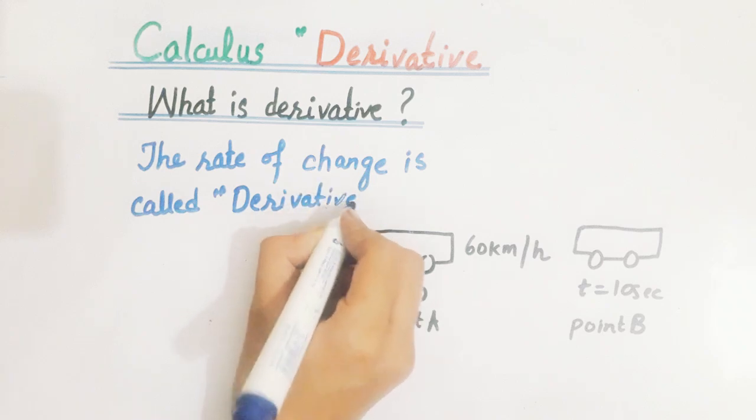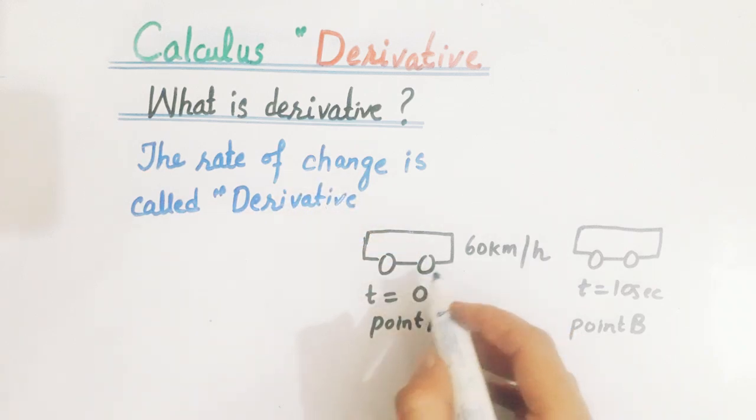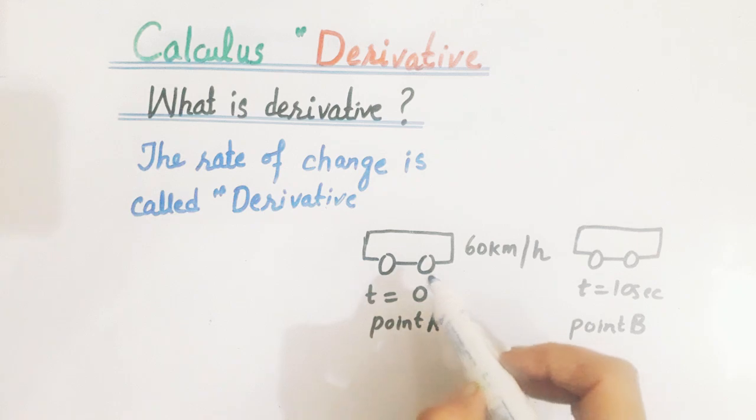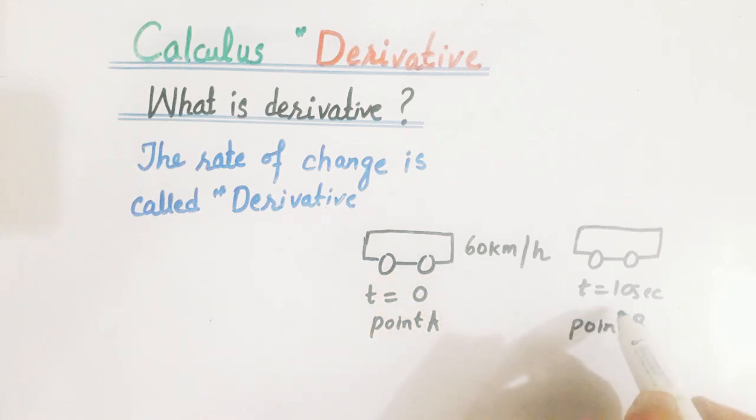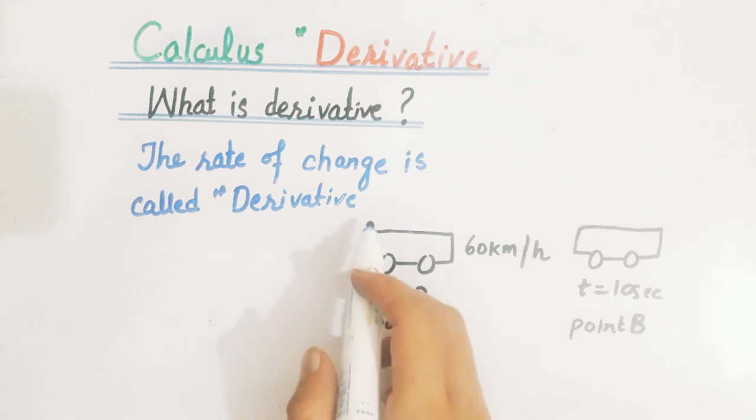So by this example you understand how the position is changed with respect to time. So this is the rate of change and that is called derivative.